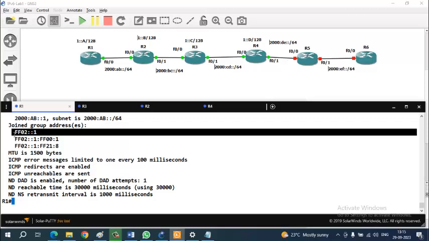In the IPv4 world, we did not speak about multicast addresses for pinging. The reason is it was enabled there by default already.